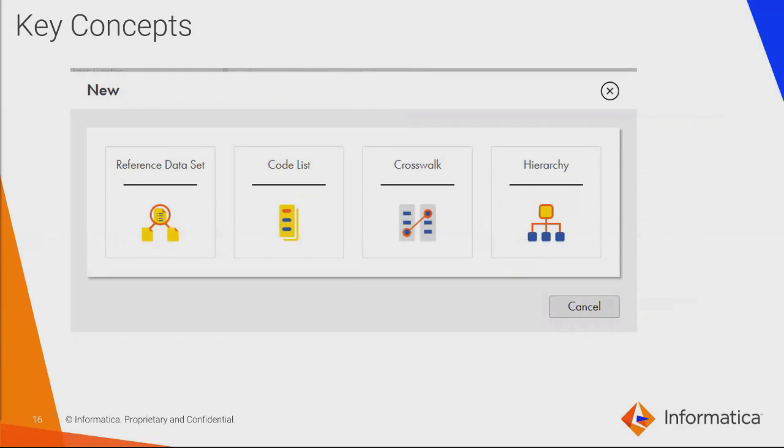Create a crosswalk to map code values in a source code list to code values in a target code list. Value mappings provide a way to translate code values in one code list to code values in another code list. Create hierarchies to show how code values are related to other code values. First, define the hierarchy model and then add code values to the hierarchy to define relationships between the code values.